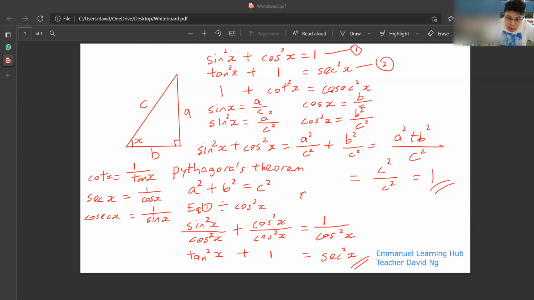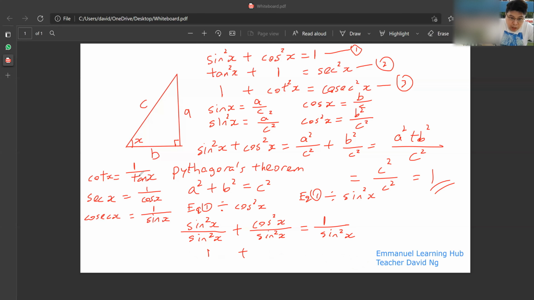How about equation 3? The third equation is also equation 1 divided by sine square x. So sine square over sine square is 1.